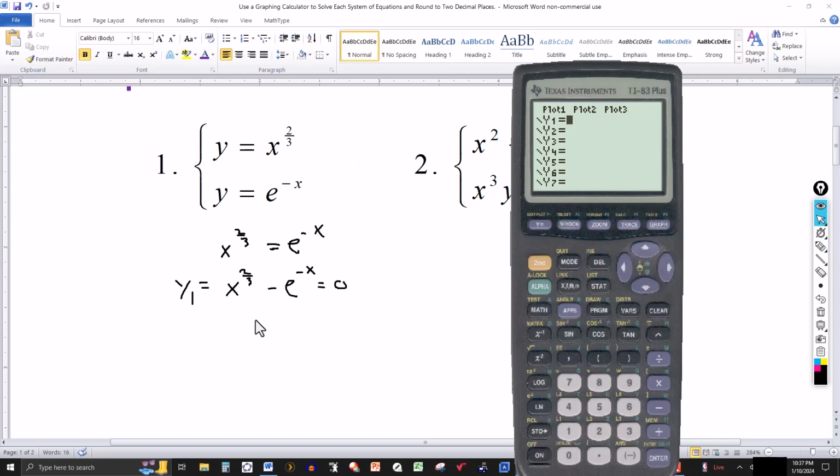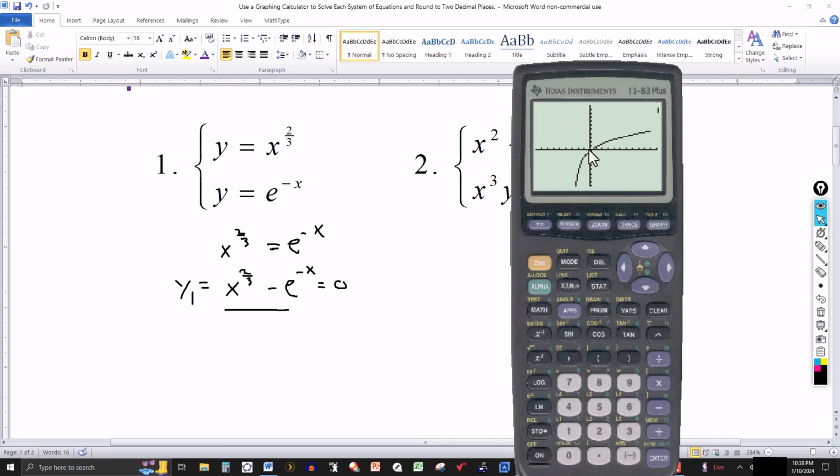We're going to graph right here y1 equal x to the 2/3 minus e to the minus x. So I'm going to enter it in the graphing screen here, x to the parentheses 2/3 power minus e to the minus x. And then let's graph it.